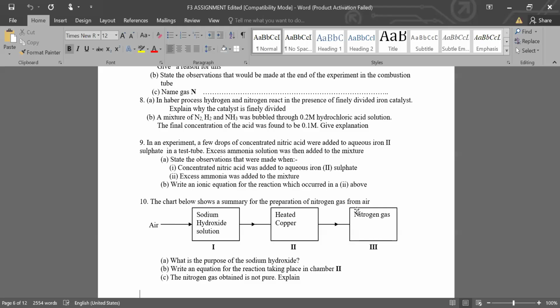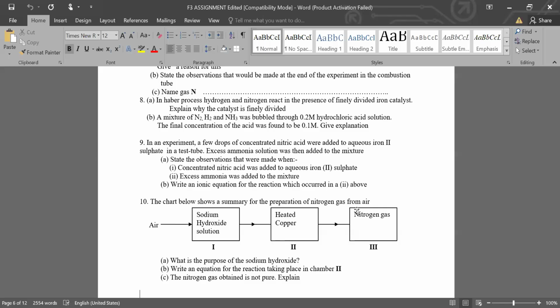A few drops of concentrated nitric 5 acid were added in aqueous iron 2 sulfate in a test tube. Then in the same test tube, excess ammonia was put to the mixture.